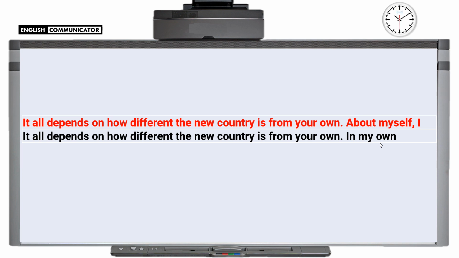Don't say about myself. So you have to say in my opinion. The sentence becomes so long, so that's why we have to make a small sentence. Repeat again. It all depends how different the new country is from your own, in my opinion, in my thinking, in my idea. But don't say about myself or something else. In my own opinion.